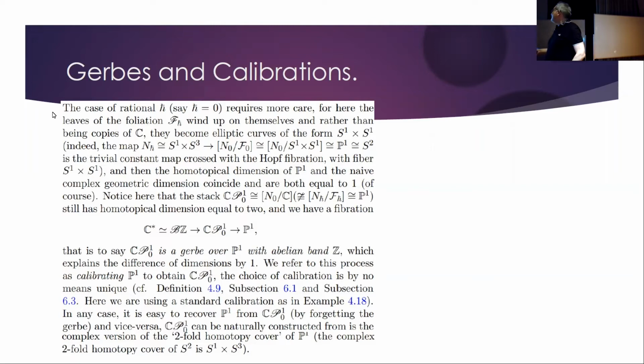So you ask yourself, what is the smallest complex manifold that is the homotopy cover of P1, and you recover this abelian surface that is an LVM manifold. That is the LVM manifold associated to P1. So that's the story with the gerbes and the calibrations.